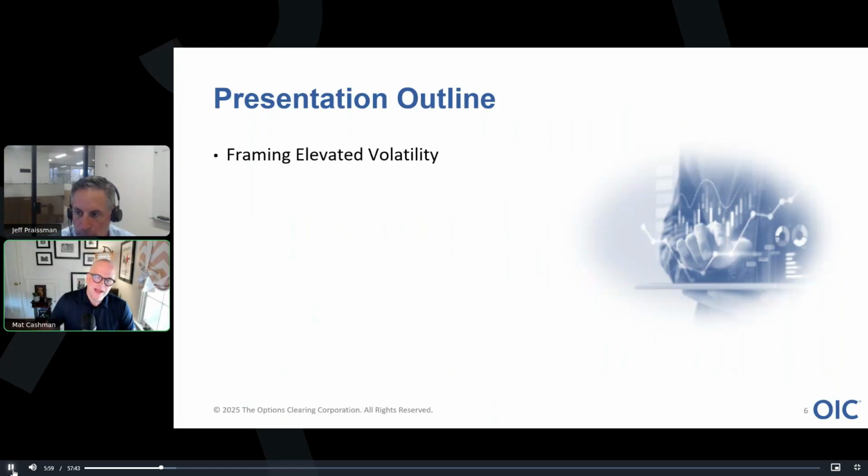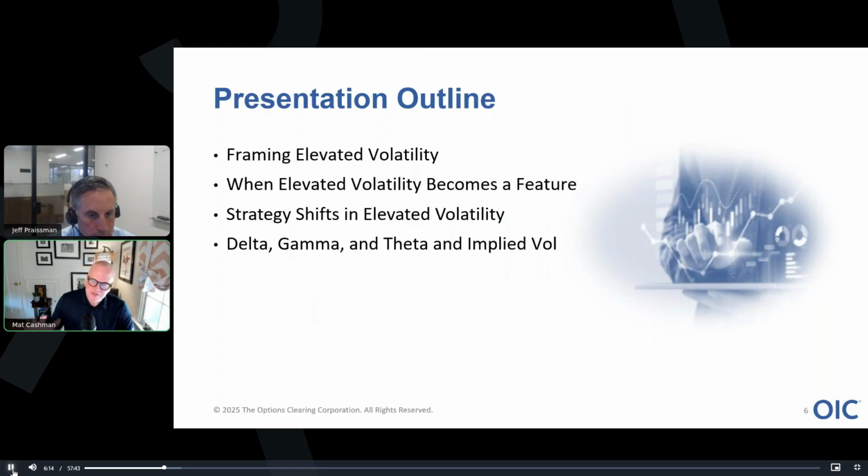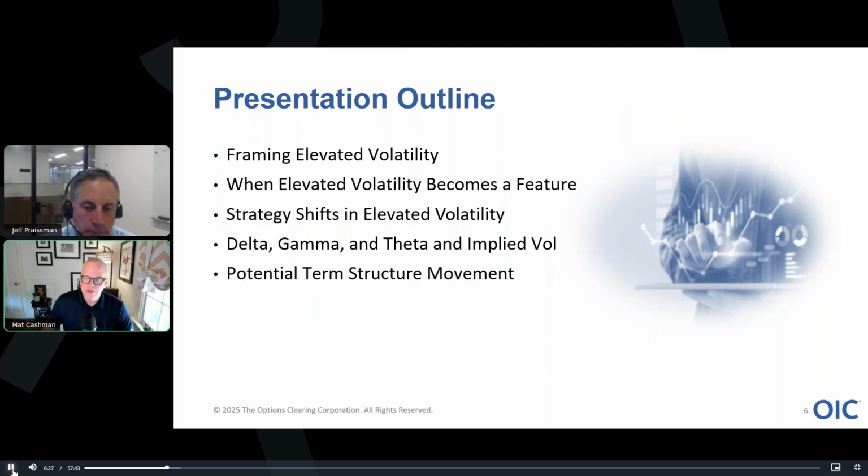We're going to talk about framing elevated volatility. How can you think about it? What do you do? How do you think about it when elevated volatility becomes a feature of the landscape and not something that just blips on your radar? How do those strategies shift in those situations? I'm going to talk specifically about delta, gamma, and theta and their relationship to implied volatility, because I think that's really an important building block of how you understand how those things move.